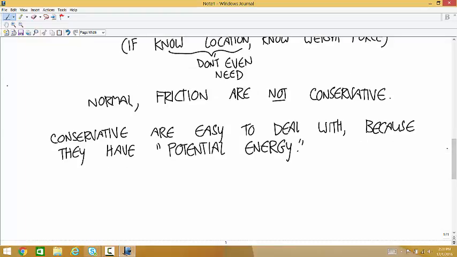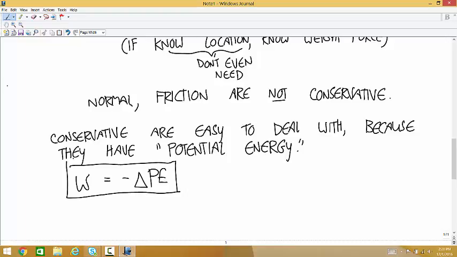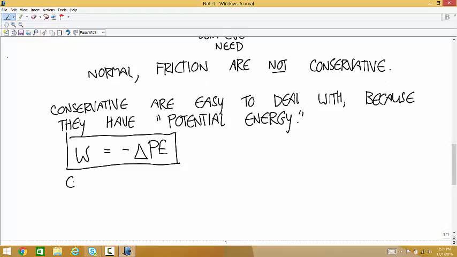And the work done by a conservative force is equal to the negative change in potential energy. So if we can calculate the potential energy of a conservative force at one location and then calculate it at another location, and we subtract those two, that's an easier way of figuring out the work that's done by that force. Okay? So that's an easier way to calculate the work.